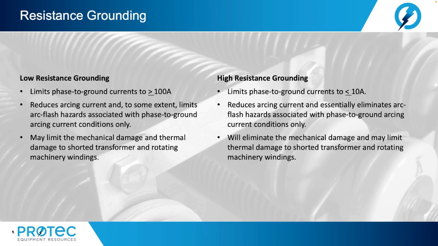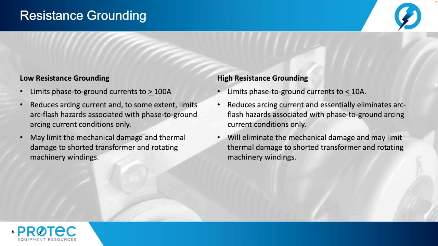All right, now let's take a look at low resistance grounding versus high resistance grounding. Low resistance grounding limits the phase to ground currents to greater than or equal to 100 amps, whereas high resistance grounding limits phase to ground currents to less than or equal to 10 amps.